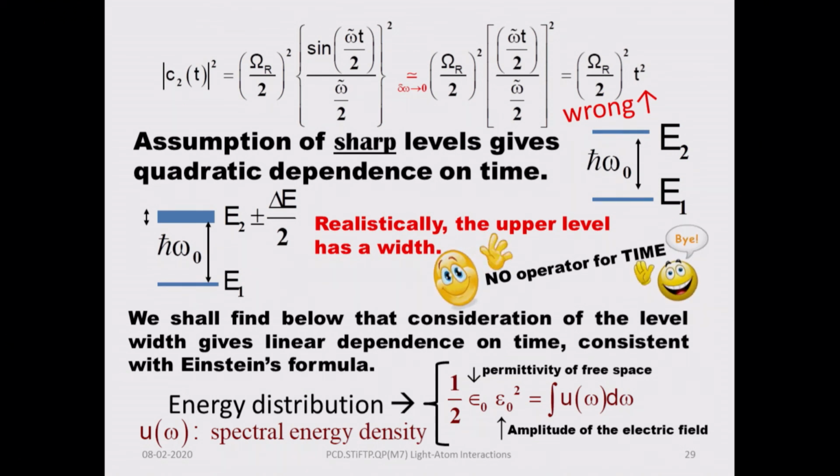Strictly speaking, if the upper level had infinitesimal or zero width, if it was exactly sharp, then an atom in an excited state would stay there forever and ever. Okay? But it does decay spontaneously, and the reason it decays is because there is a width. All right? And there is this energy time uncertainty. Then again we have to remind ourselves that yes, there is energy time uncertainty, but there is no operator for time.